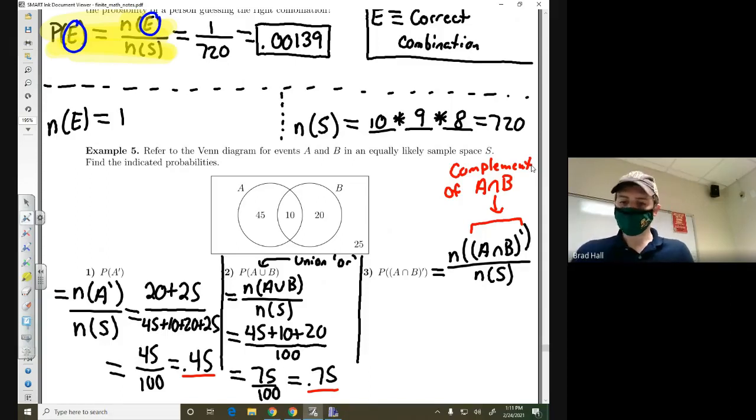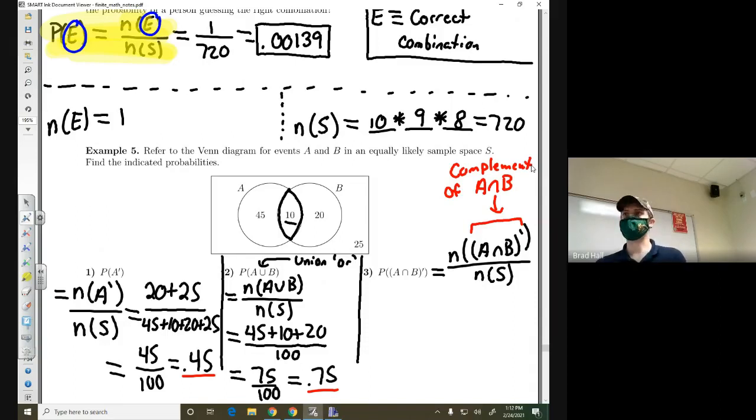So what is A intersection B? The intersection is "and." That's the overlap. So 10 is the only number in that shaded region. That's just the intersection by itself, nothing to do with complements yet. That's just A intersect B, or A and B.